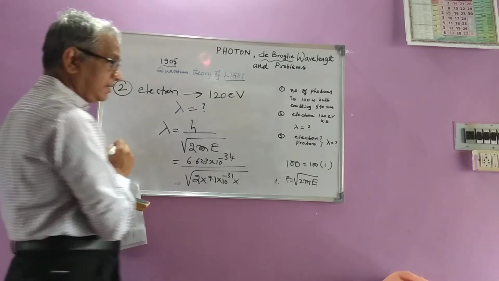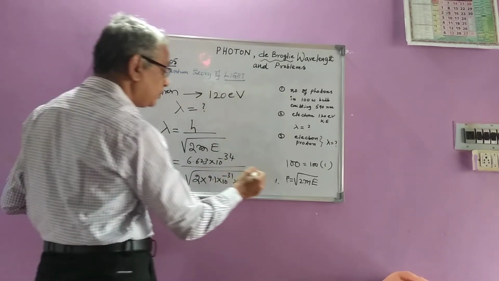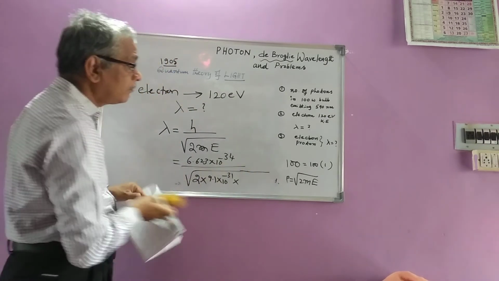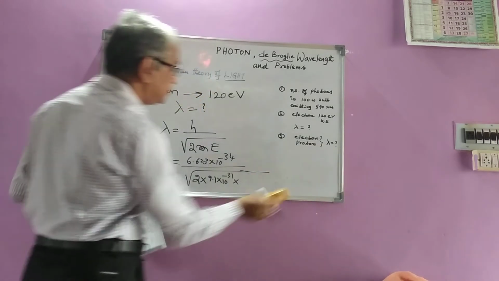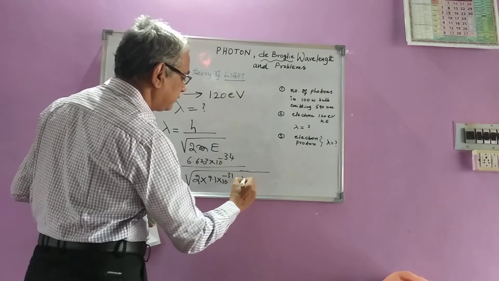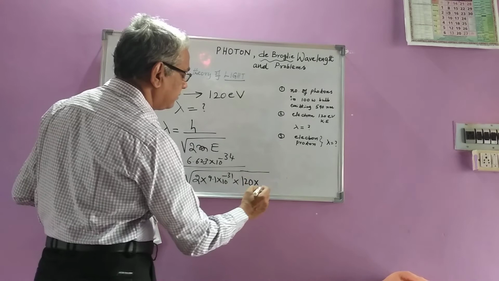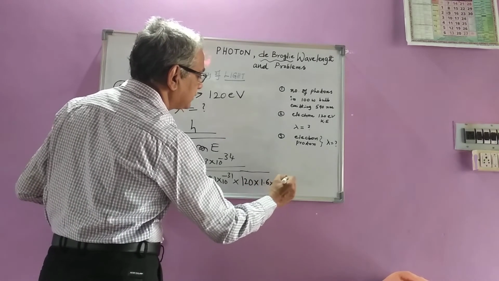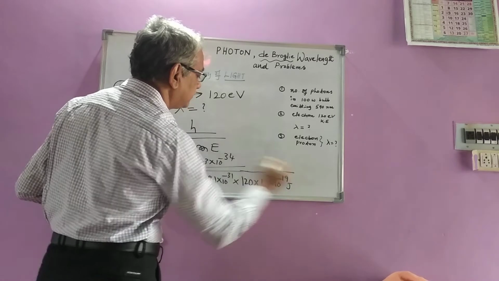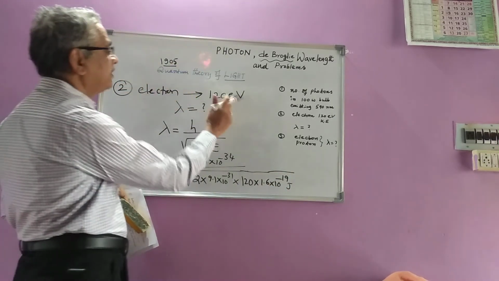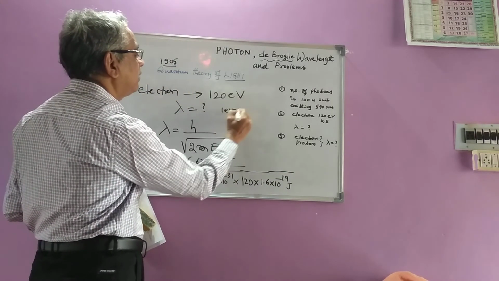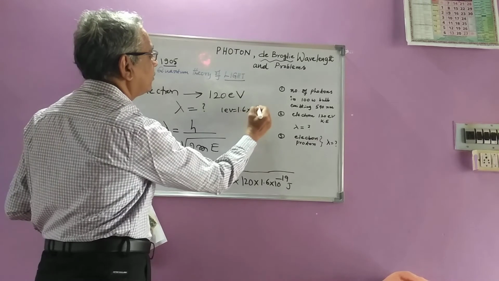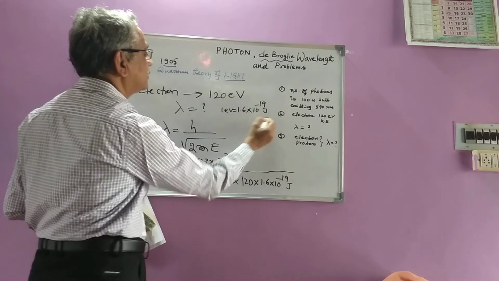This 120 electron volts has to be converted into joules. So 120 multiplied by 1.6 into 10 to the power of minus 19. This is joules. Because 1 electron volt is equal to 1.6 into 10 to the power of minus 19 joules.